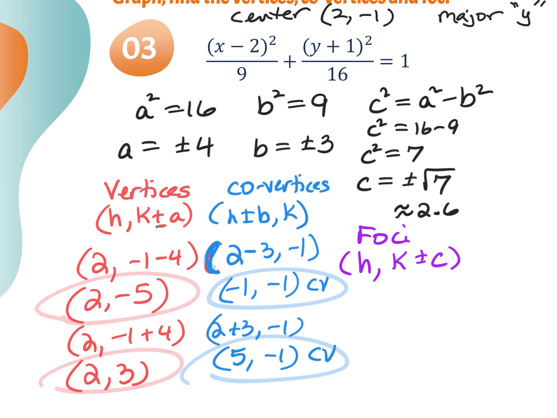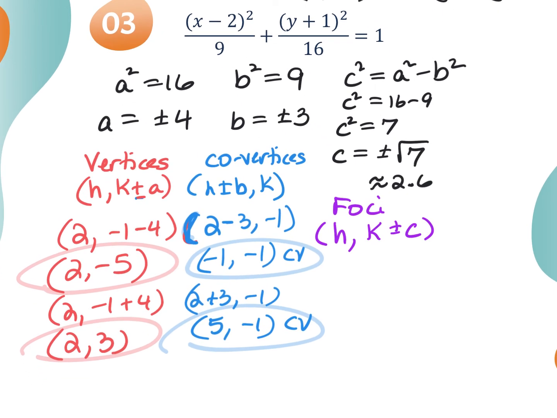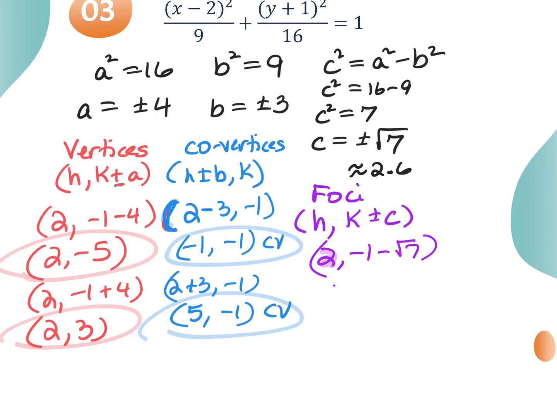And I need to do the same thing for the foci. So again, the h stays the same. And then I take the k, and I'm going to subtract the c value. And then I'm going to also add it. Now, I can't add that radical, so I leave it just like that.